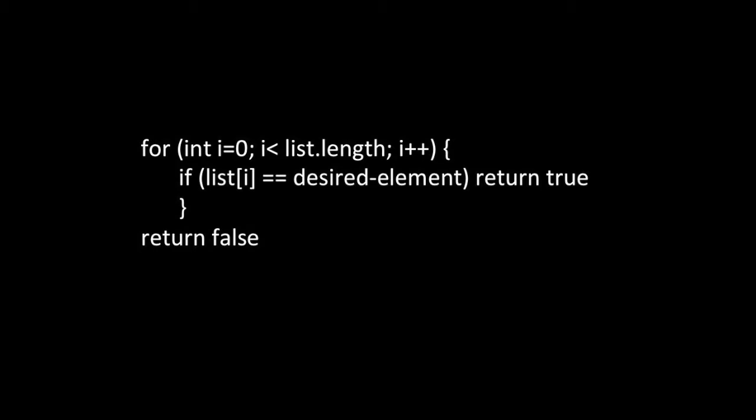If we get through the entire loop without returning true, which means we haven't found the desired element, then we return false. This is iteration. We are repeating a process for a given and known number of times, in this case equal to the length of the list.